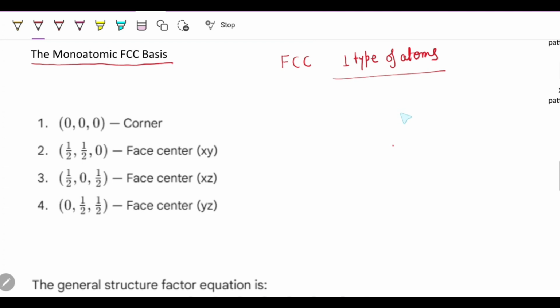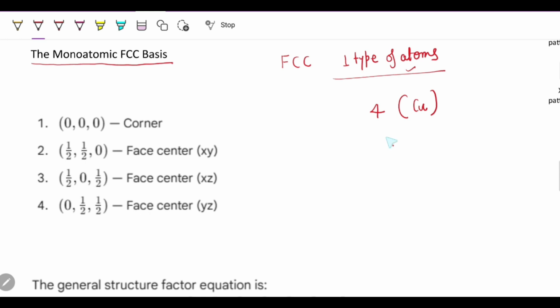In FCC, we know that there are 4 atoms per unit cell, and all 4 atoms are of one type. So let's say we have copper, and all 4 atoms are copper.